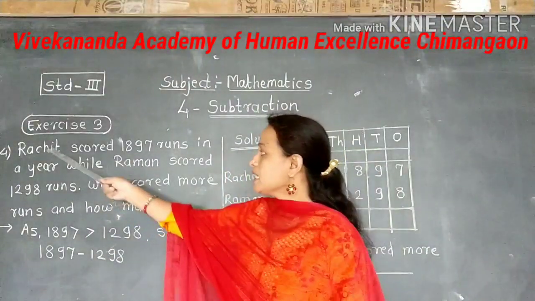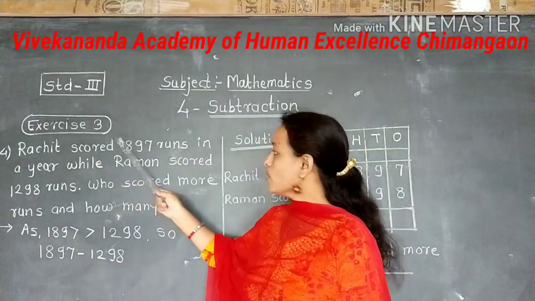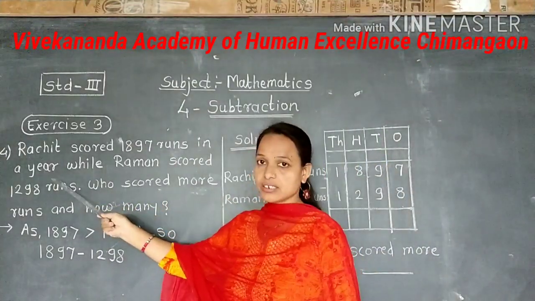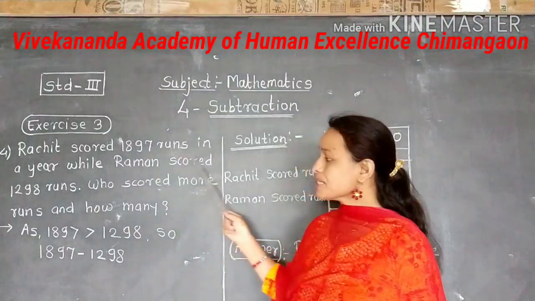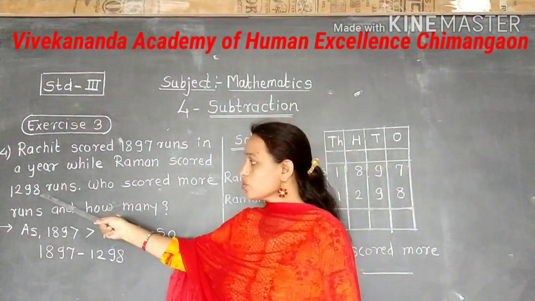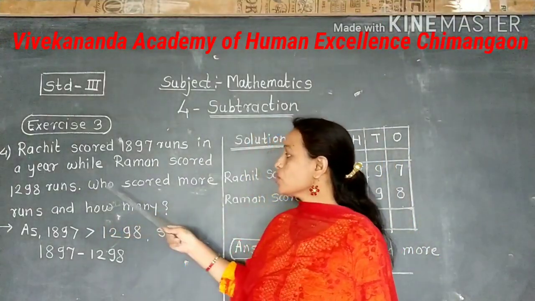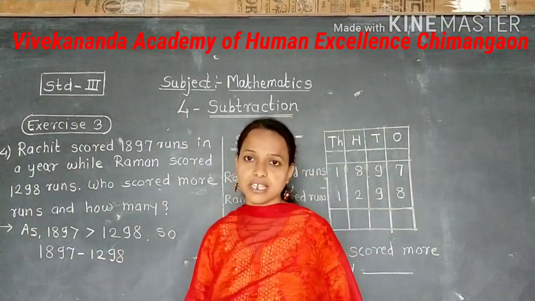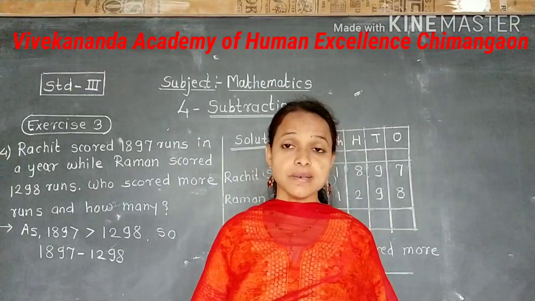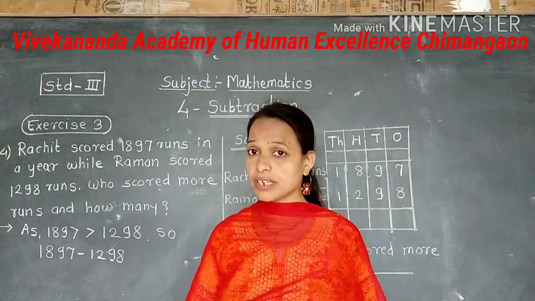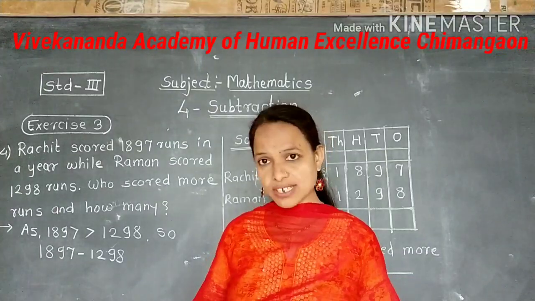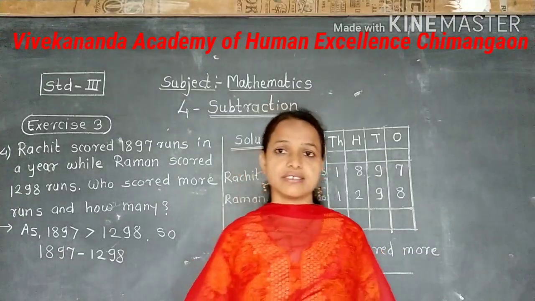Look here. Rachit scored 1897 runs in a year, while Raman scored 1298 runs. Who scored more runs and how many? See, read that word problem carefully and try to understand it. What is given, what you have to find.